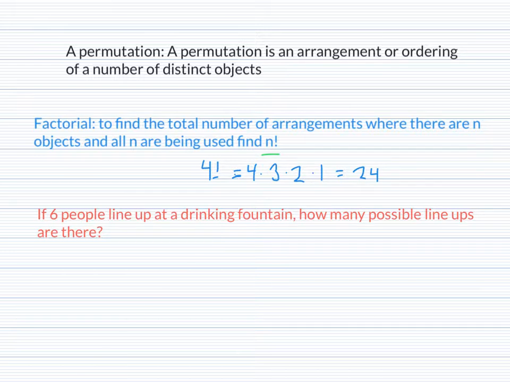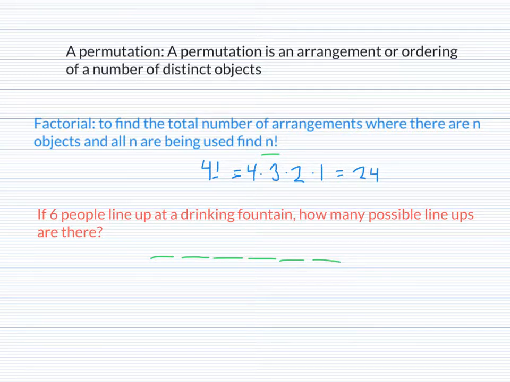Okay, so an example of using a factorial says, if 6 people were to line up at a drinking fountain, how many possible lineups are there? So you have 6 people in line. 1, 2, 3, 4, 5, 6.